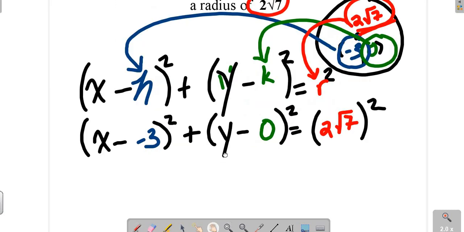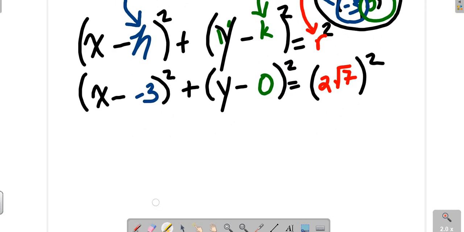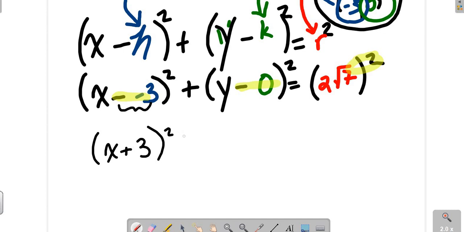Now all we do is what we call clean up. We're going to clean up just a little bit. We're going to clean this up, and this up. Let me show you what I mean. Final version. x plus, double negative makes a positive. y minus nothing is just y.